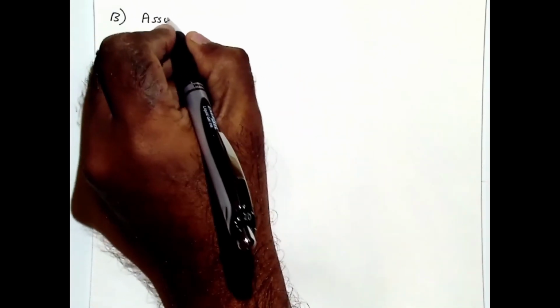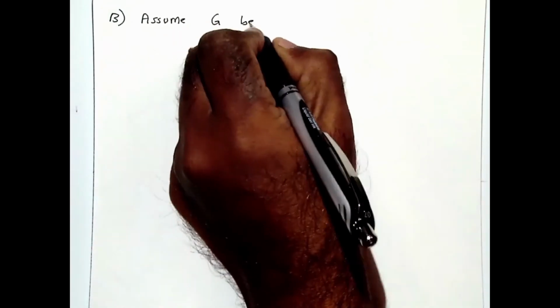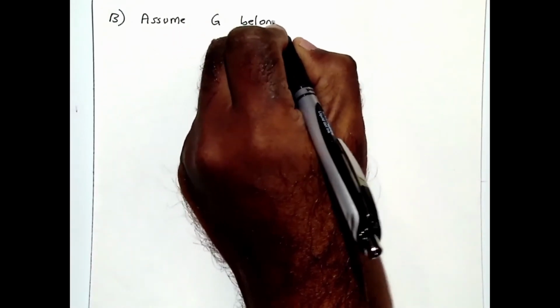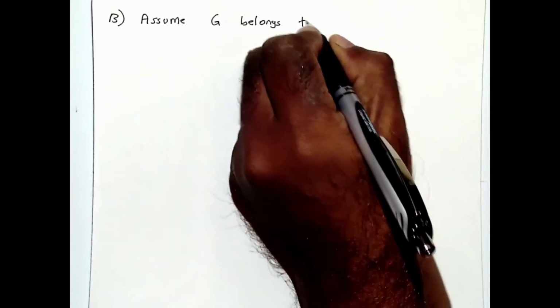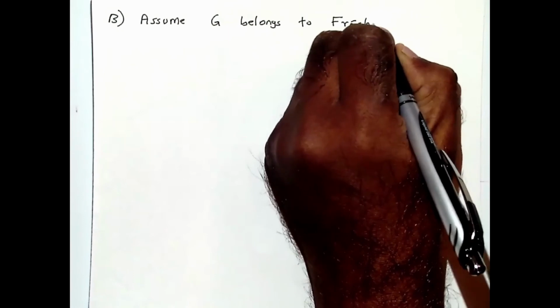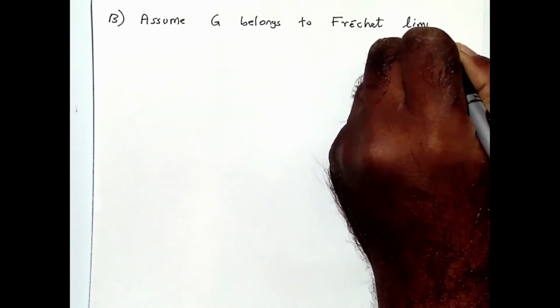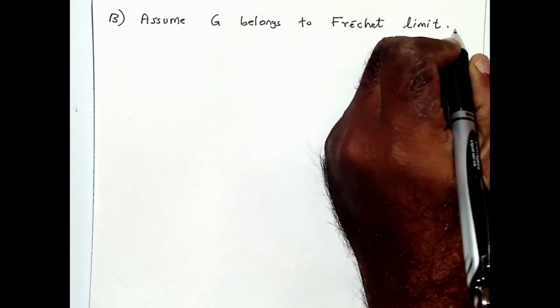Next, we're going to do part B. So for part B, I'm going to assume that G belongs to the Fréchet limit. Right?